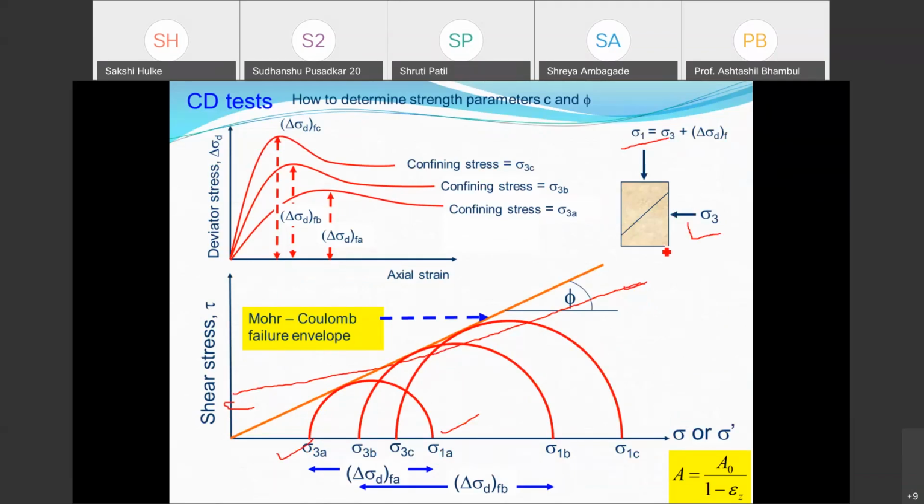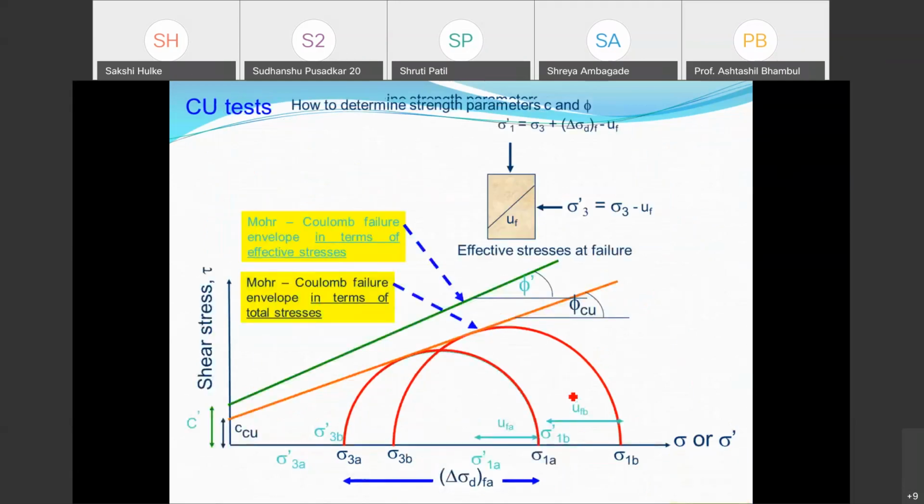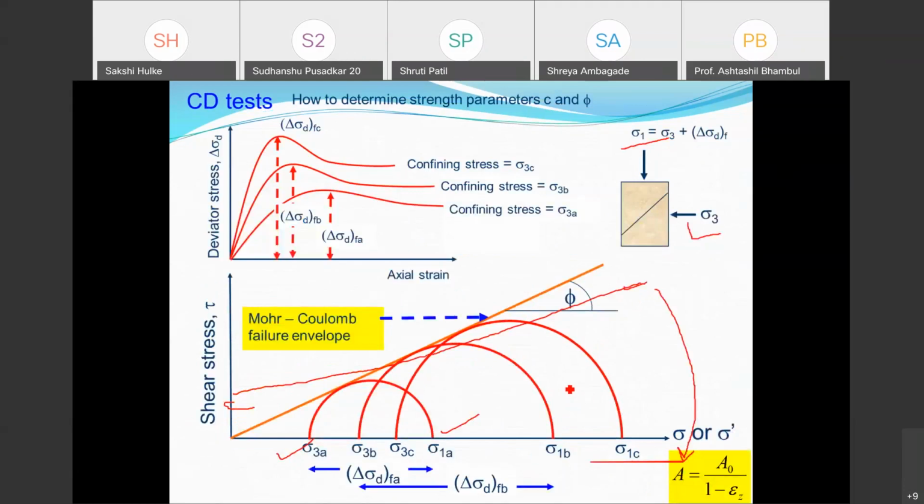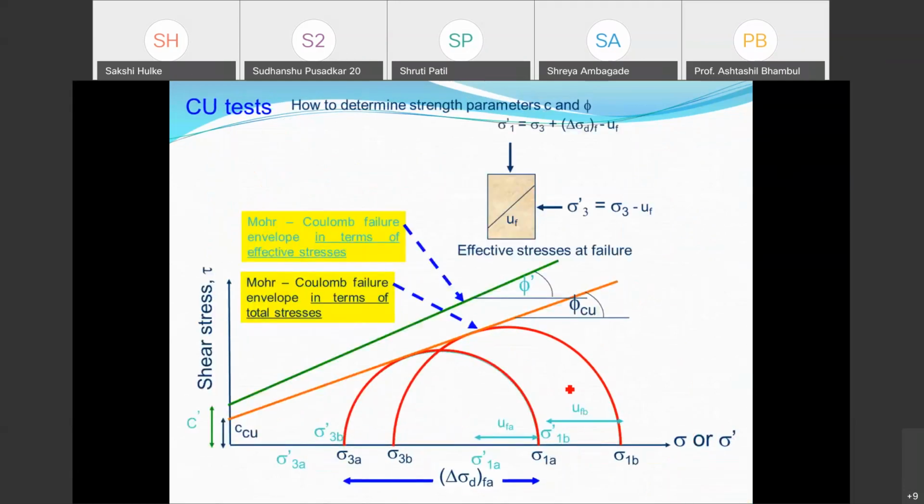Here too I have to apply the area correction for getting the stresses: A equals A0 upon 1 minus epsilon z. So this was the CD test where C is 0. This was the CU test where I can get Cu and C for effective stress and total stress.